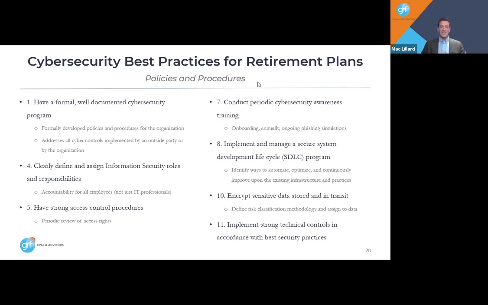And then I'm jumping back to that ongoing phishing simulations. This is something GRF has done at our firm for years now, and we can speak to the effectiveness of it. You'd be surprised, when people have another hour-long cybersecurity training kind of looming over their head, the amount of extra attention they give to their emails and the amount of participation they have with IT actually reporting these, as opposed to just clicking on a link and hoping for the best.